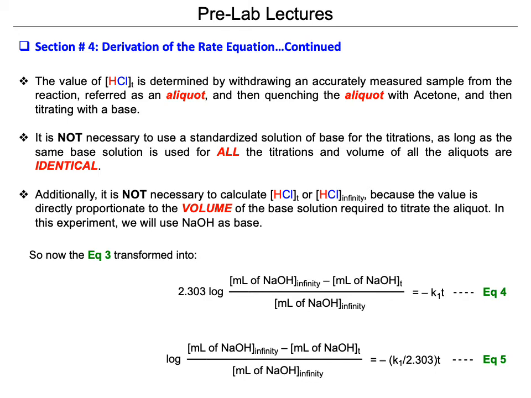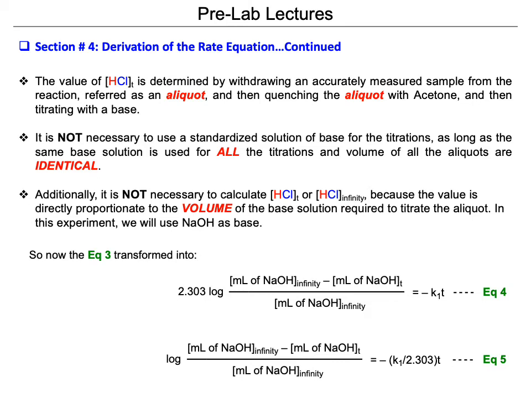So we know that it is not necessary to calculate the hydrogen chloride momentary or hydrogen chloride infinity concentration because they are equal to the NaOH concentration that we are using for titration. So how much sodium hydroxide we use during the titration is equal to the amount of hydrogen chloride. Those amounts are in parallel. So equation 3 is then changed to equation 4.